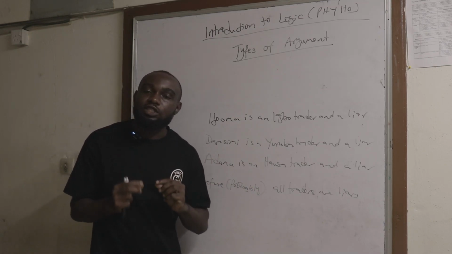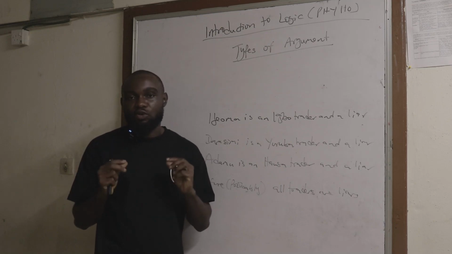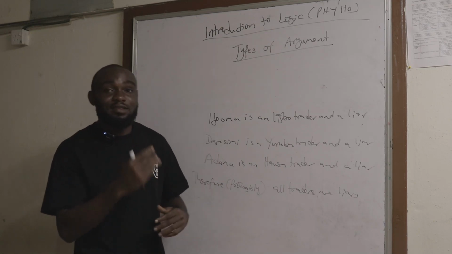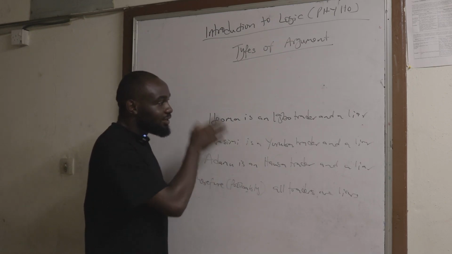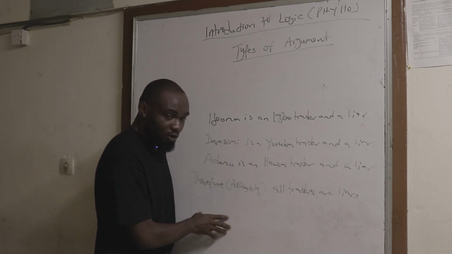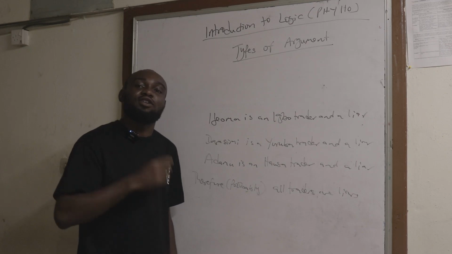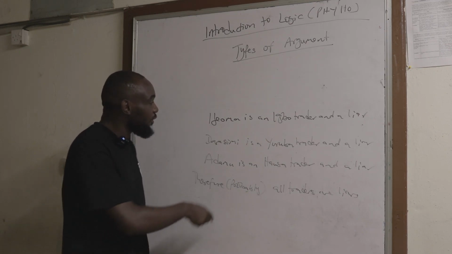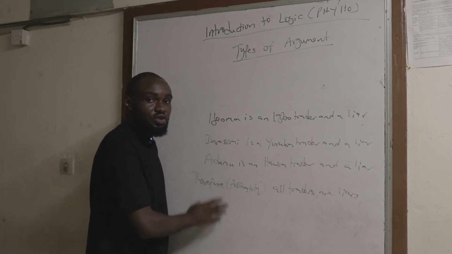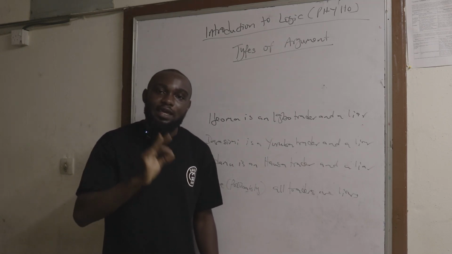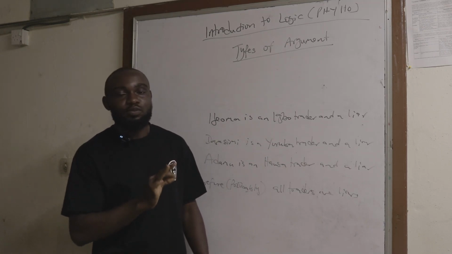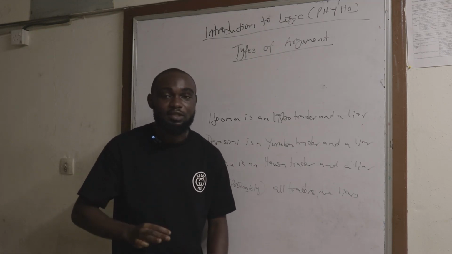But the modern logicians are saying that that cannot be so, because we have an example of an inductive argument which starts from a general premise to a general conclusion. And we also have an inductive argument which starts from a particular premise to a particular conclusion. But what we should look out for is whether the argument provides a probable ground for accepting the conclusion.